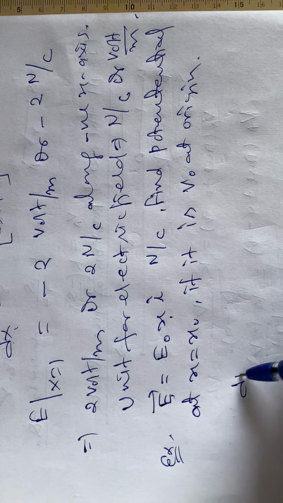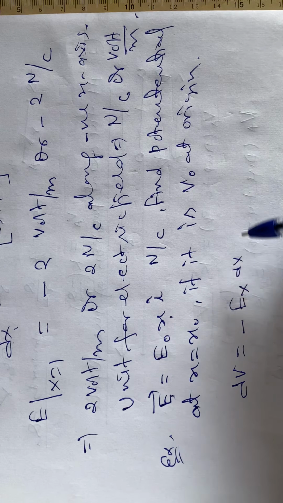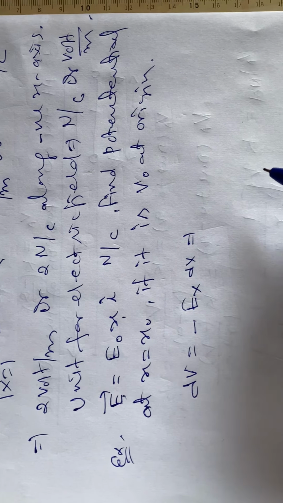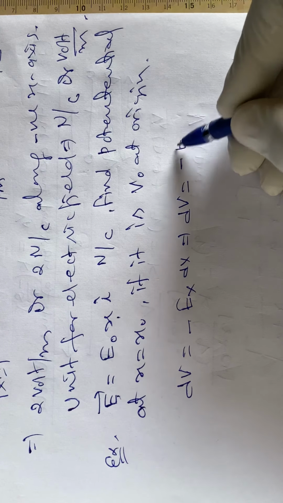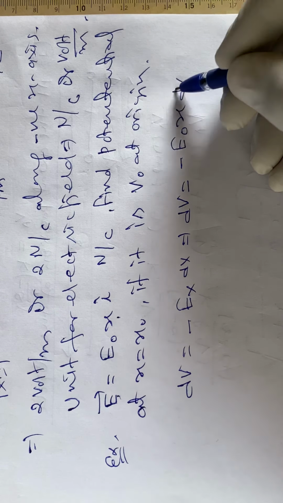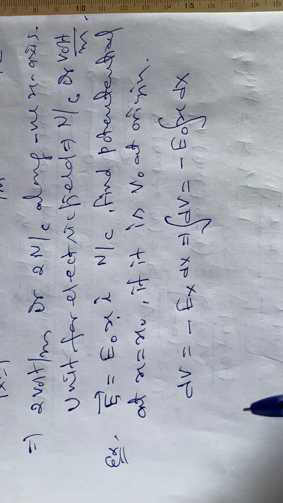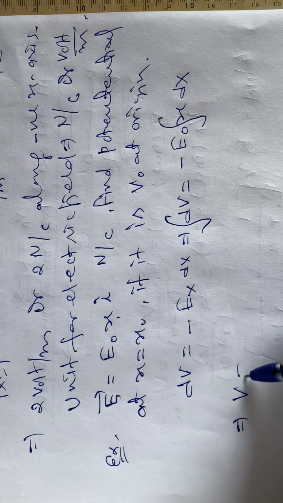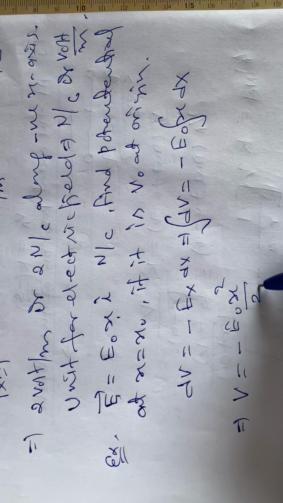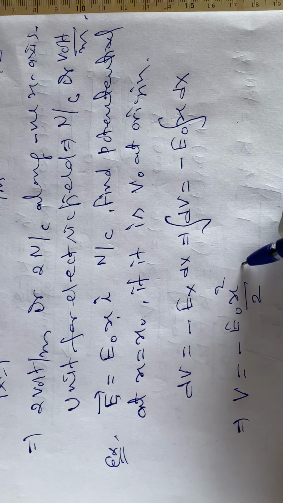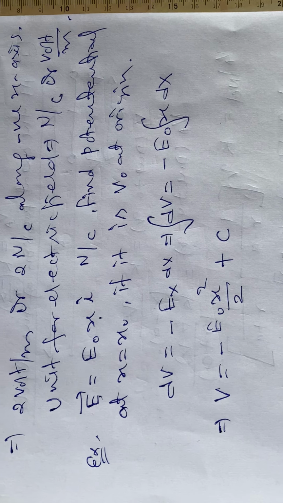So we'll write that dV is equal to minus of Ex dx, which gives you dV equals minus of E naught into x dx. Integrated, since E naught is common, take it out. This is V equals minus of E naught into x square by 2 plus c, either you put the limit or put some integration constant c.